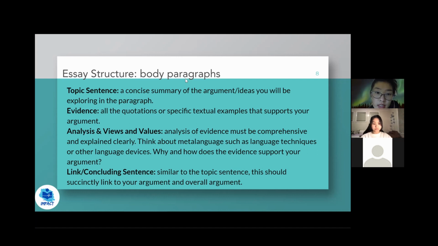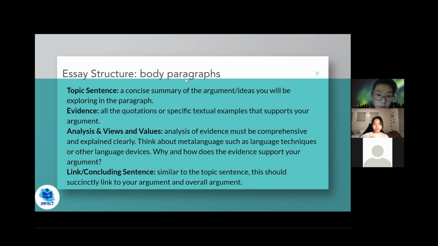You've got the evidence to back up your argument, in the form of quotations or specific textual examples. Then following from the evidence, it's explaining that in a way that shows off that you know some metalanguage and also some language techniques, especially thinking about the views and values of the author, and maybe even the message for the audience.